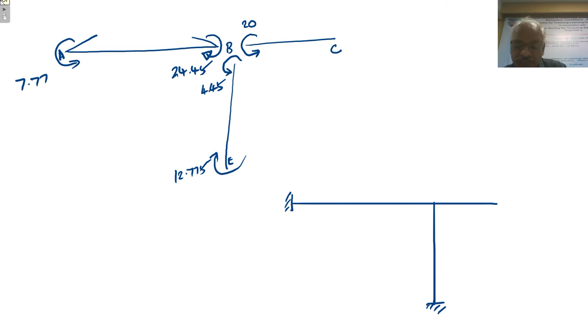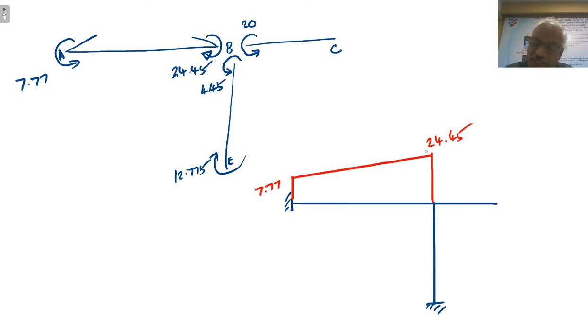Now for this it is 7.77, here it is 7.77, and here it is 24.45, this value is 24.45 above. So this is the support moment diagram for the member AB.